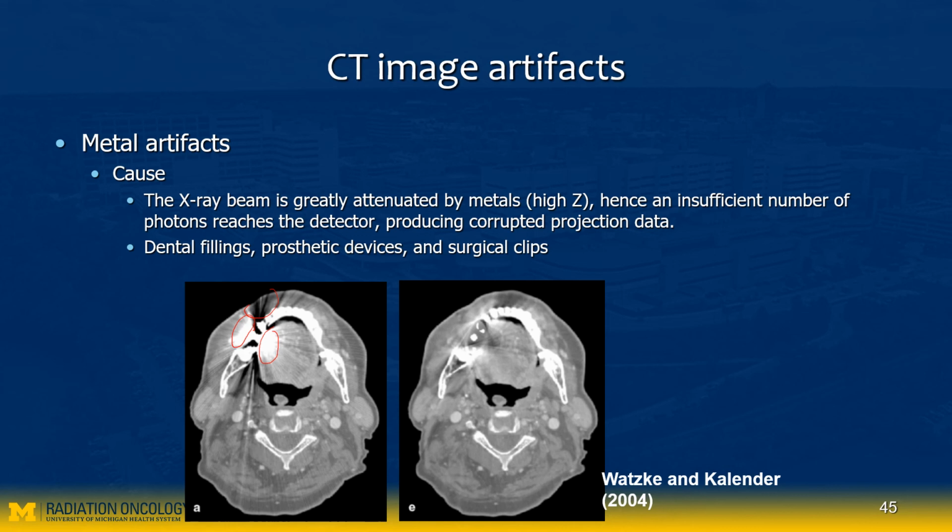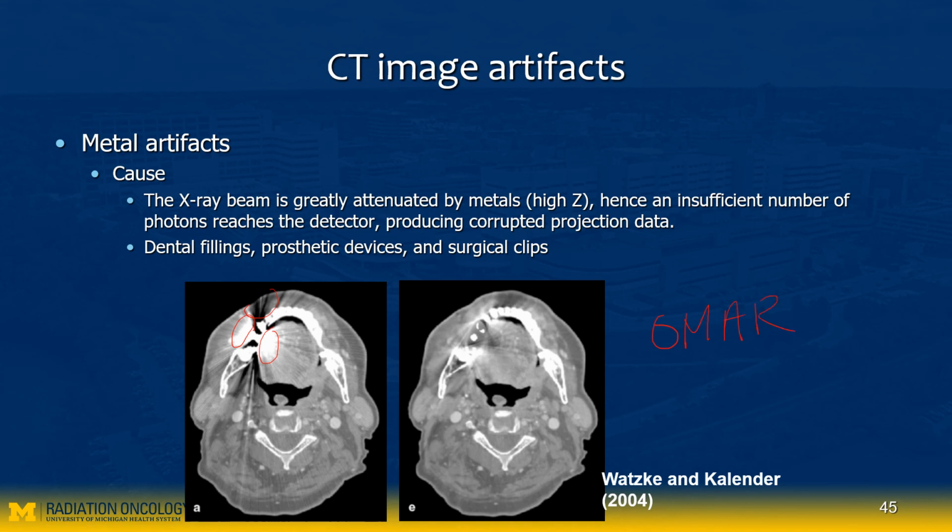So what do we do in our department? In this example, our dosimetrists would contour this as an artifact and then assign soft tissue density in the treatment planning system. Or we can use OMAR scan. You've seen this OMAR scan in our CT scanner.